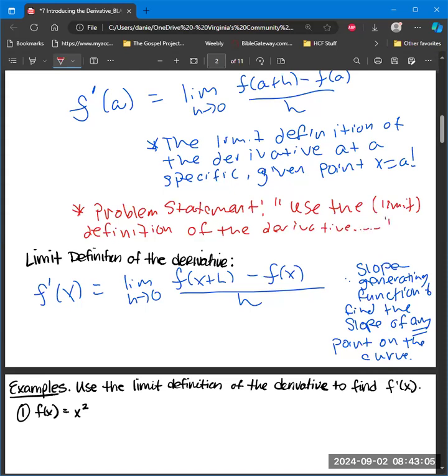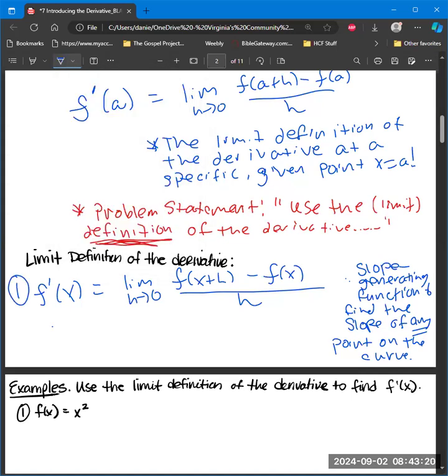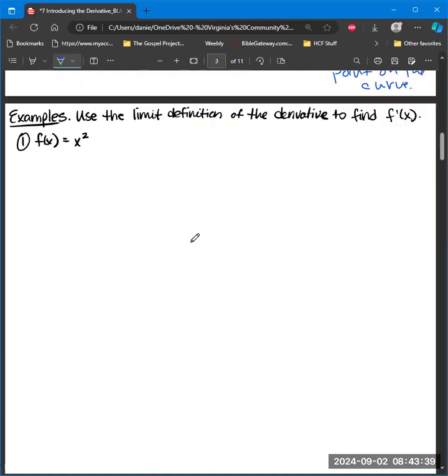When it says to use the definition, that's the keyword there. You're going to need to use the limit definition of the derivative, either definition number 1 here. This is usually definition number 1, and this is usually definition number 2. Whether you want to find f prime of x and find this slope generating function here, or whether you want to find the alternate definition, which gives you the slope at a particular point, use the limit definition there.